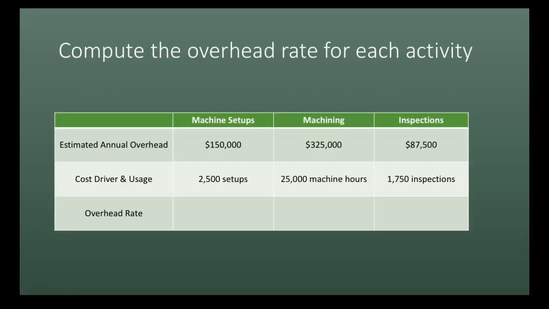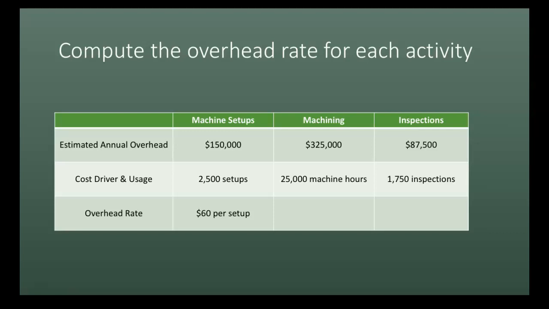So if we show this in a table form, it might be a little bit simpler. So we have our estimated annual overhead and our cost driver for each of these. What we're going to do to figure out our overhead rate is take our estimated annual overhead and divide it by its corresponding cost driver. So for machine setups, we take $150,000 divided by 2,500 setups, and we get an overhead rate of $60 per setup.